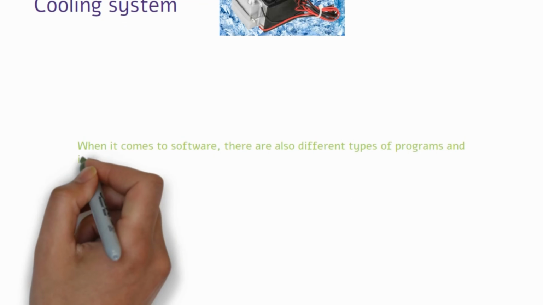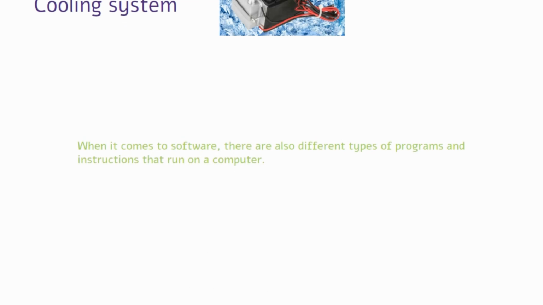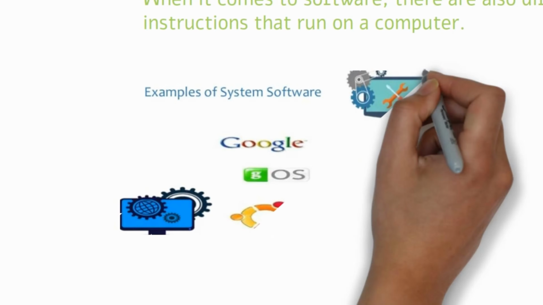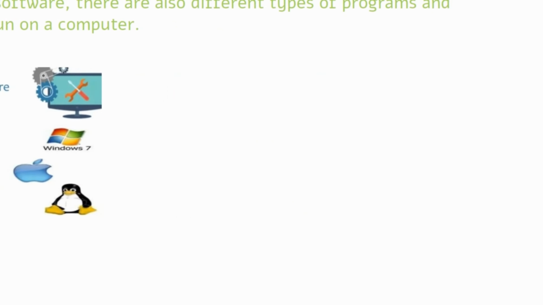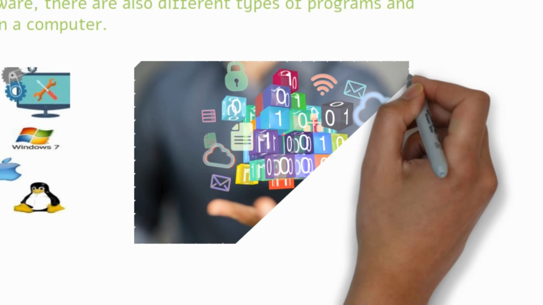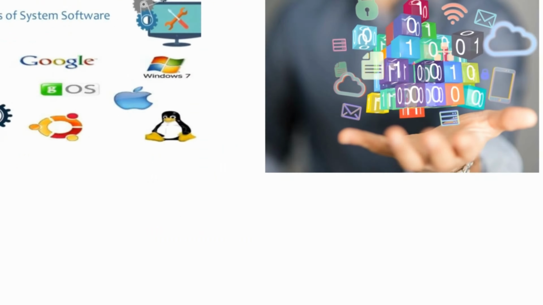When it comes to software, there are also different types of programs and instructions that run on a computer. Some of the most common types include system software: operating systems, drivers, and other software that manages the computer's resources and provides a platform for other programs to run on. Application software: programs such as word processors, web browsers, and games that are used to perform specific tasks and functions.